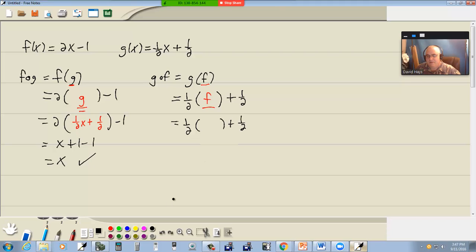But f is equal to 2x minus 1. So then 1/2 times 2x gives us x. 1/2 times negative 1 gives us negative 1/2. And then I'll bring down the positive 1/2. And negative 1/2 plus 1/2 cancels and simply gives us an x. Since both of these come out to equaling x, then yes, these are inverses of each other.